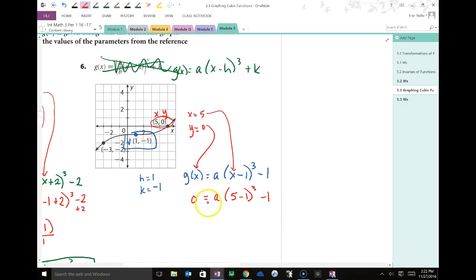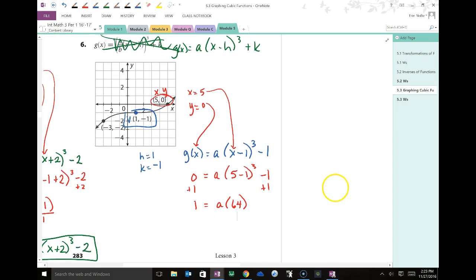Now I have an equation with one variable and I can solve. My first step is to add 1, and 0 plus 1 is 1. I simplify inside the parentheses: 5 minus 1 is 4, and 4 cubed is 64. Now I divide by 64. So for this one, my a value is 1/64.